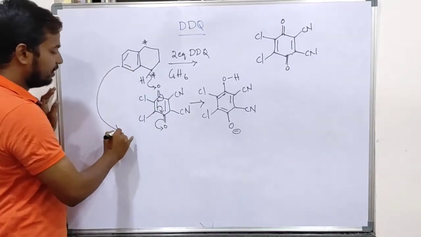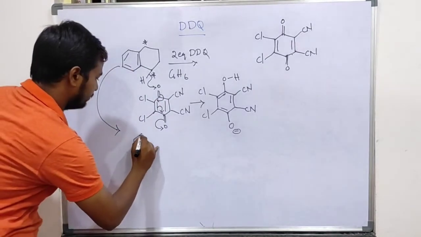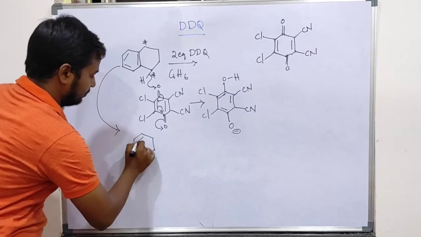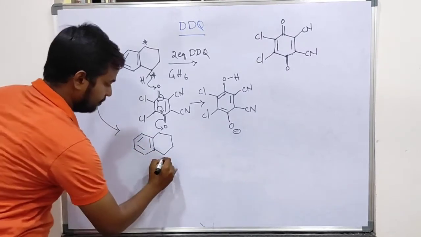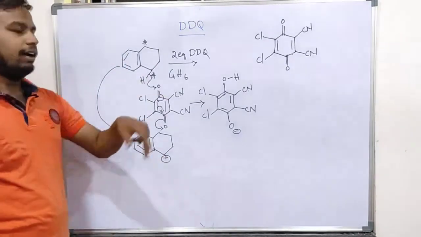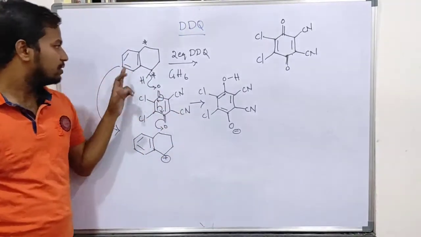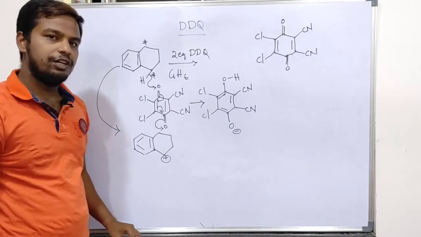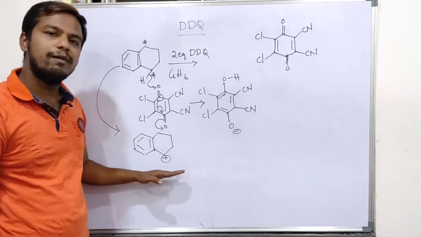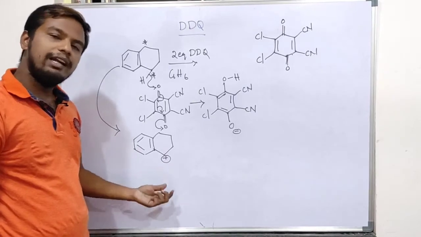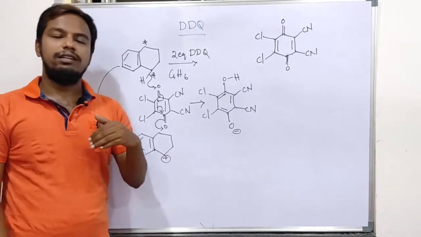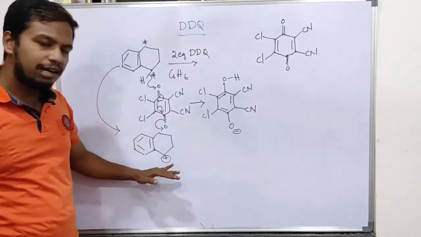After abstraction of the hydride ion, what is the species formed? A carbocation is generated. The hydride ion is abstracted, correct? So that makes this carbon electron deficient and results in the formation of a carbocation. And see this, it is a benzylic carbocation. It is stabilized, but even though it is stabilized, it is very reactive.